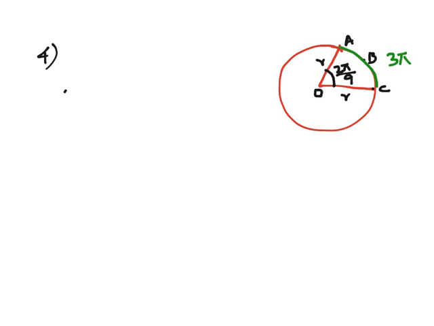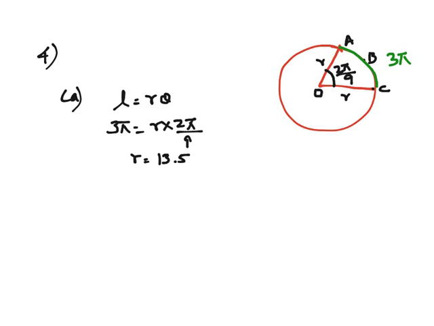So subdivision A. We know that the length of the arc is given by the formula L equal to R theta. So we have 3 pi equal to R into 2 pi by 9, which will give us R equal to 13.5. And the B part, find the perimeter of the sector OABC.